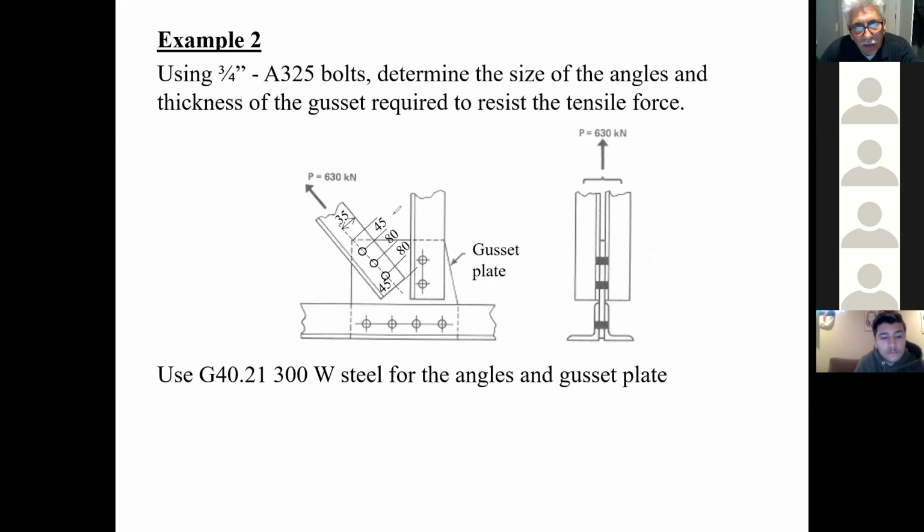You'll notice that I put 80 and 80. I didn't put 2.7 times the diameter of the bolt as the space, in other words, 2.7 times 19 millimeters. I like to give myself some room to make my connection.